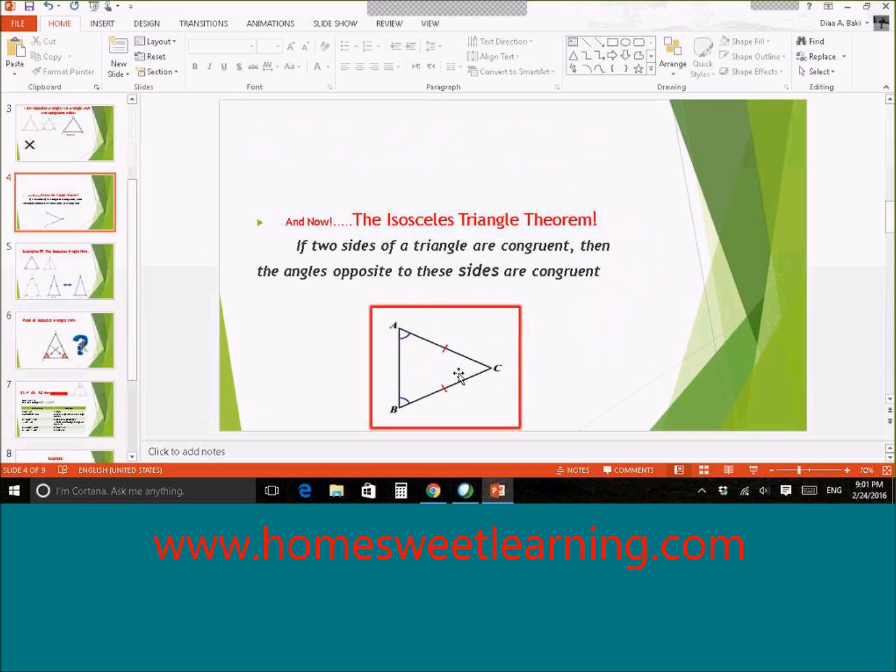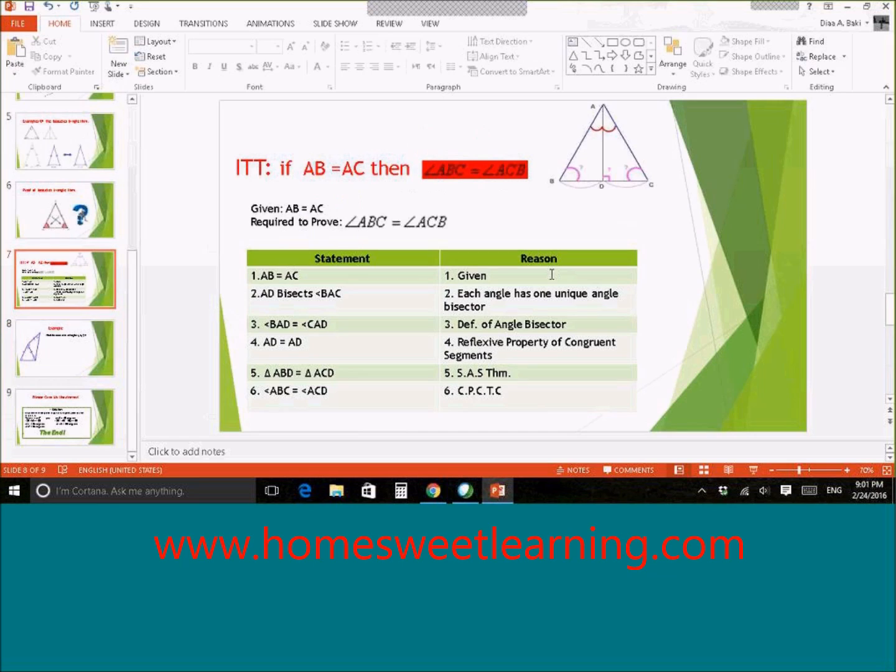So here is the triangle. As you see, I split it into two smaller triangles. I drew, as I said, the angle bisector of A, which I will call AD. And now, by definition of angle bisector, it splits the angle into two congruent parts.